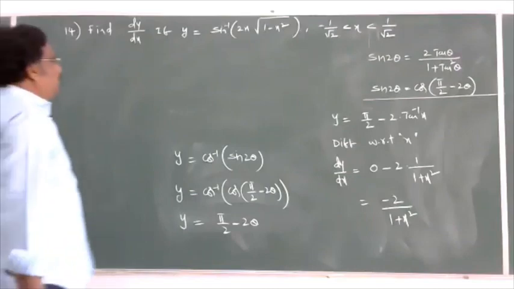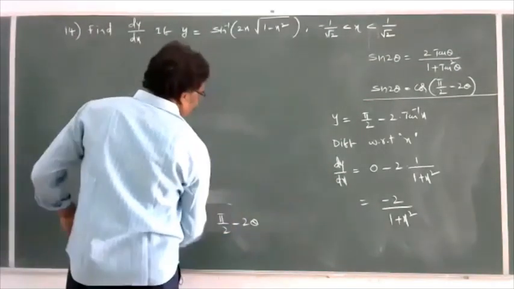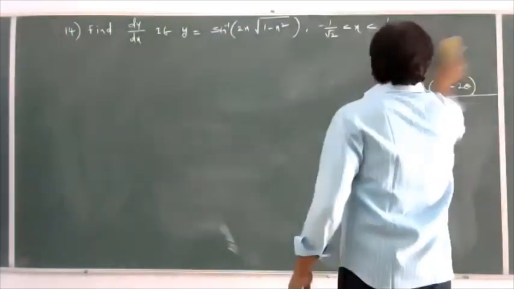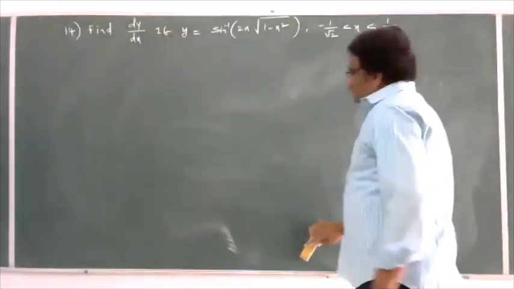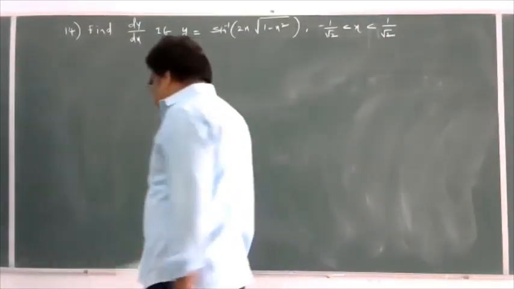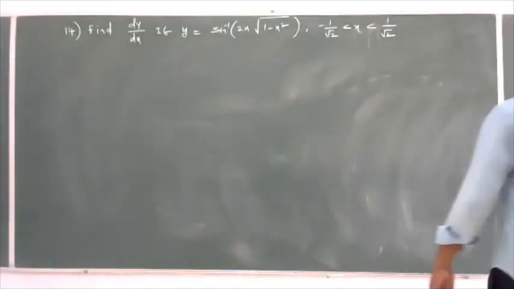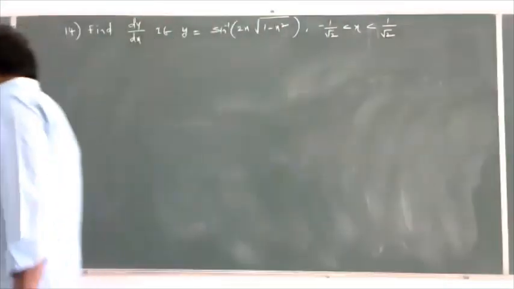So here the problem is given, y is equal to sine inverse of 2x into root of 1 minus x square. Substitution is required here. We want to differentiate the given function. By using the substitution method it is very easy to solve this problem.